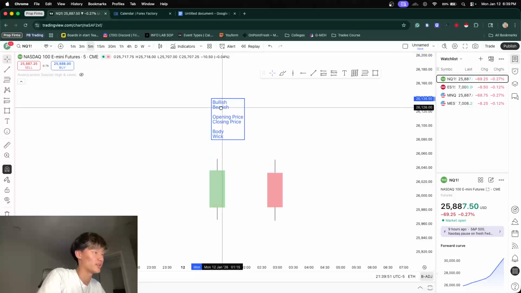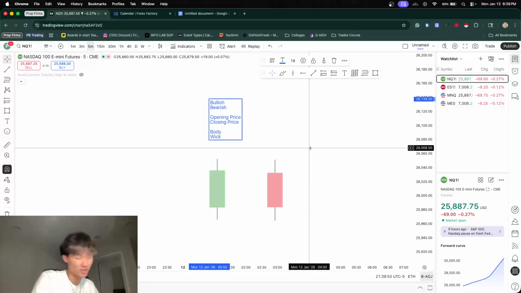Basically bullish and bearish means just up or down. Bull is up, bearish is down. A way to help you memorize this: bullish, think of a bull with its horns and the way it charges, slamming its head up, right? So bullish means up. Bearish means down.